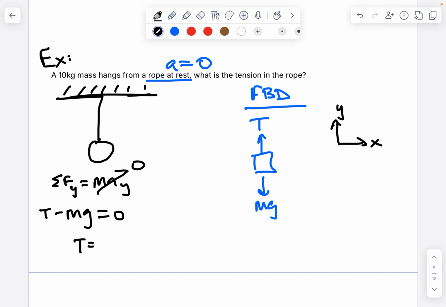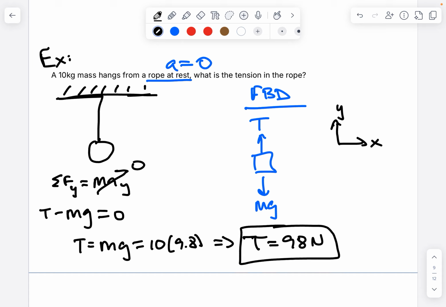So we can rewrite this as T is equal to mg. We know m is 10, we know g is 9.8, so we get tension is equal to 98 newtons of force. What that means is there's 98 newtons of force in the rope in order to hold the mass at rest.